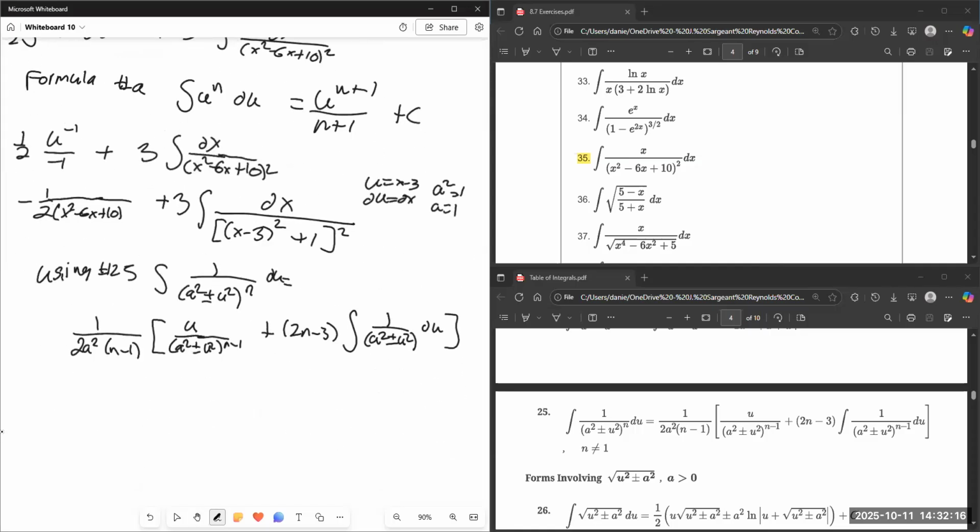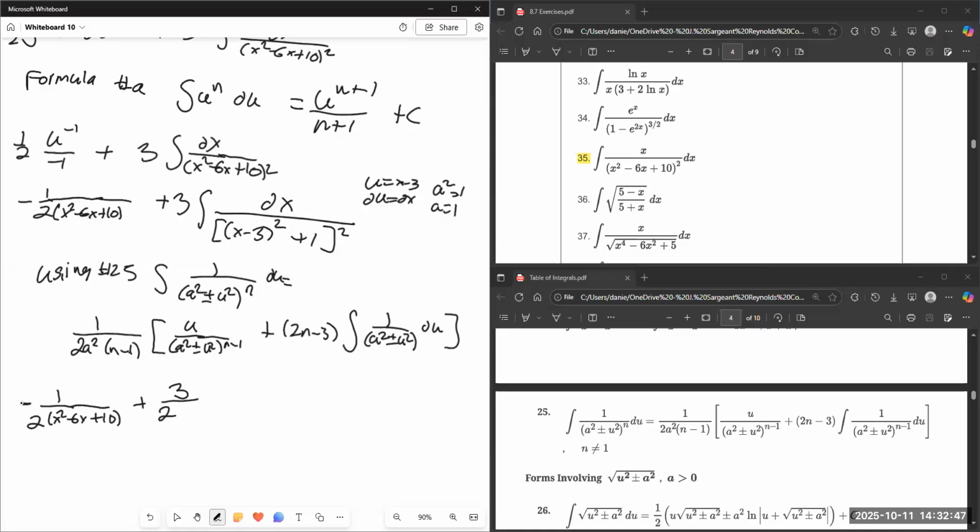So don't forget that we start off with a negative 1 over 2 times x squared minus 6x plus 10 for our first part. And then we have plus 3. And then that's going to be over 2a squared, where a is 1 and n is 2. So 2 minus 1 is also 1.